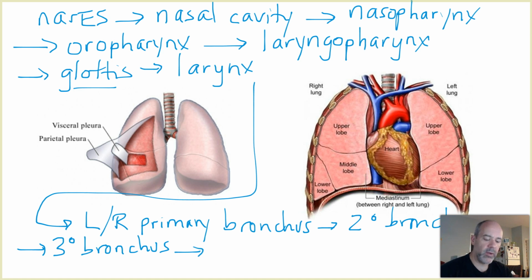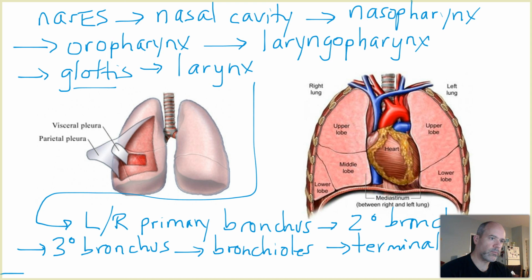And we're going to say that those lead to bronchioles. And we're really thinking about larger bronchioles. Those lead to terminal bronchioles. The terminal bronchioles lead to respiratory bronchioles. Those are super tiny.